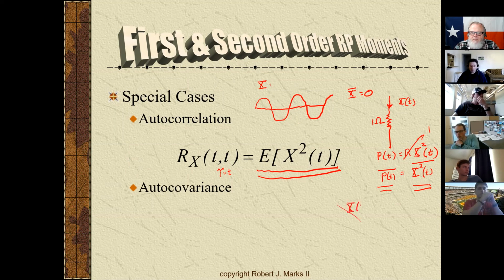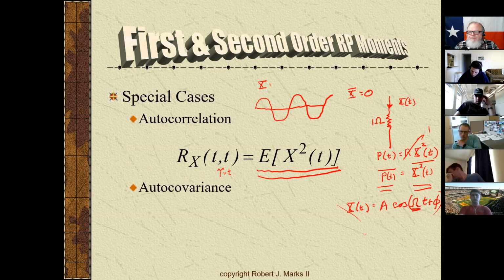So x of t is equal to something like a times the cosine of omega t, correct? And we can put in here a phi to make it stochastic. What is omega? It's 2 pi times 60 hertz, right?